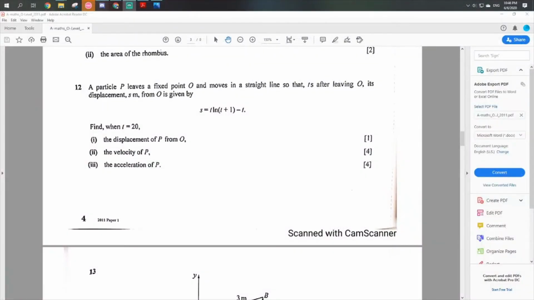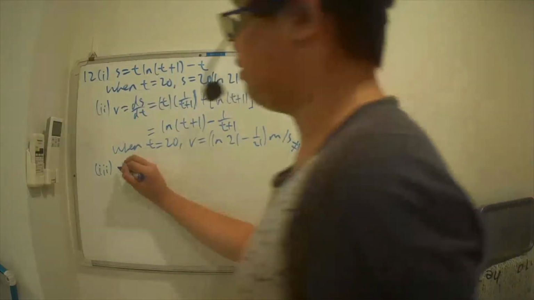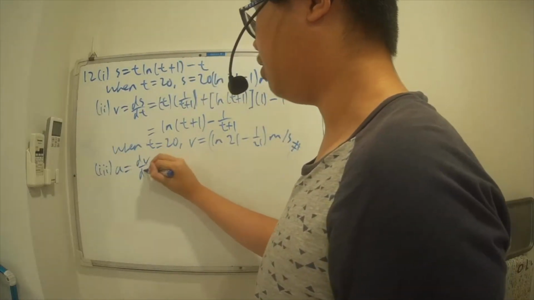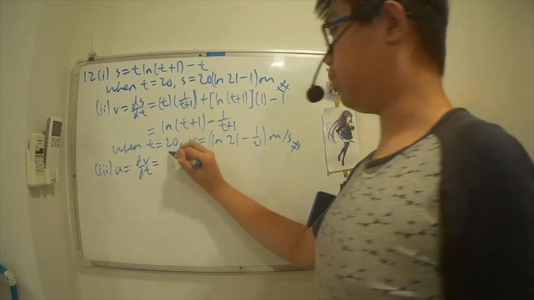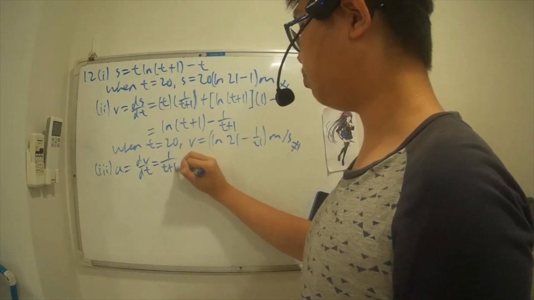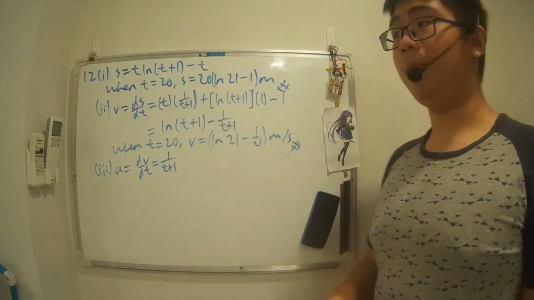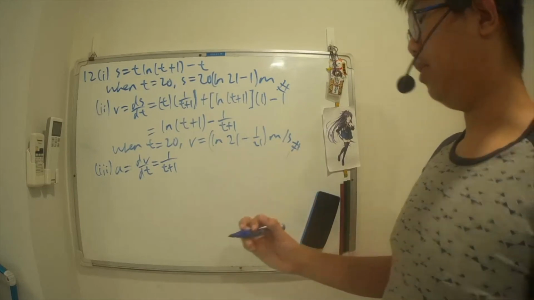For the last part, we need to find the acceleration of P. Same thing, t is still equal to 20. So let's find a, which is the derivative of velocity, dv/dt. This ln here will just become 1 over t plus 1. This is minus of t plus 1 to the negative 1 power, so the bottom will become squared, and this will just become positive.